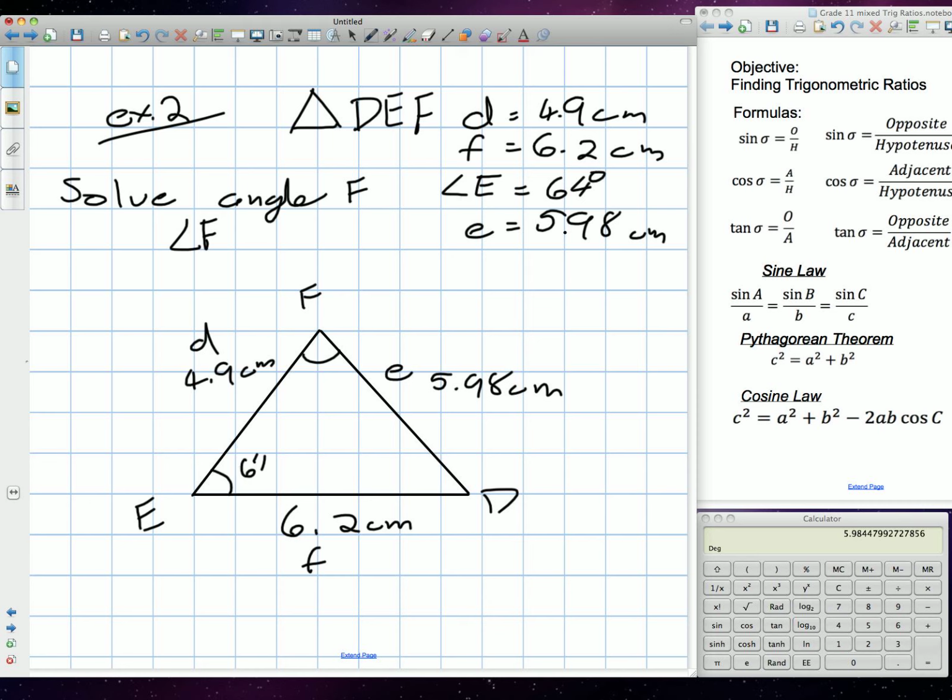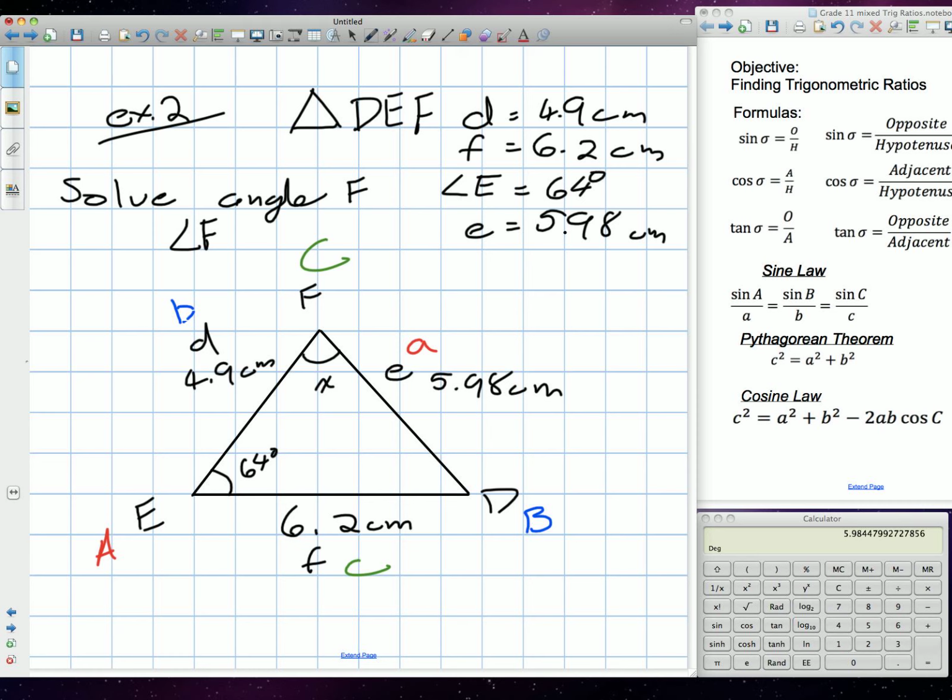So what am I going to rename side F? C. Remember, whatever we're looking for, we're going to call side C. So this is my angle C. This is now my side C. And I can just name the other ones A and B, whichever way I like. So that will be A, and this will be B. Okay? So now that we have these, just underline them, because there are a lot of letters going on here.